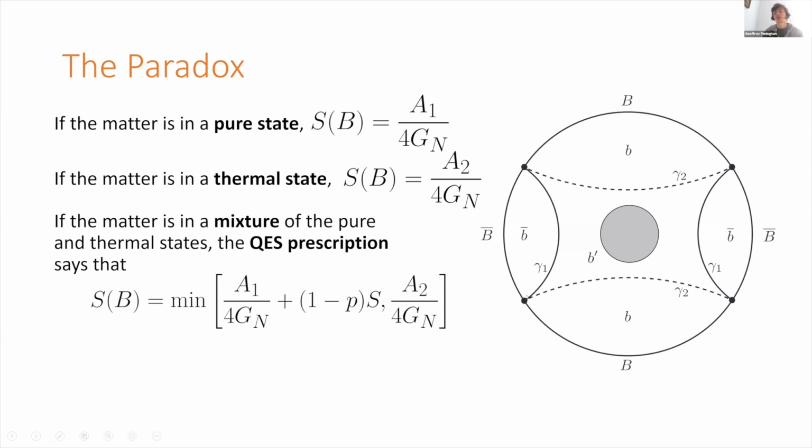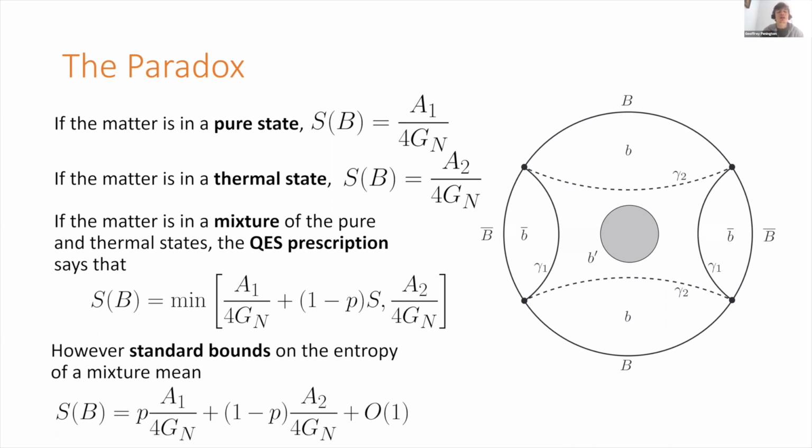Now the generalized entropy of the solid surface is A1 over 4G plus the entropy of this mixture of the pure state and the thermal state. Okay, up to a small correction, that's just 1 minus P times the thermal entropy, S. It's just the probability of it being thermal times the entropy if it was thermal. And so we get this answer that it's the smaller of A1 plus 1 minus P times S, and A2.